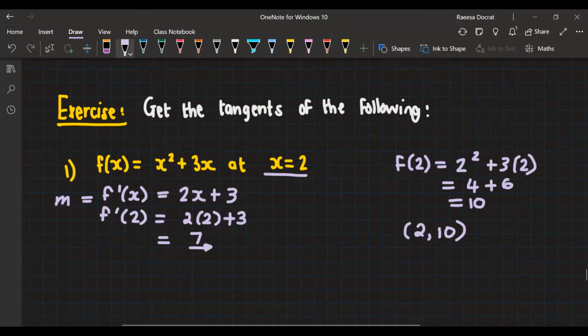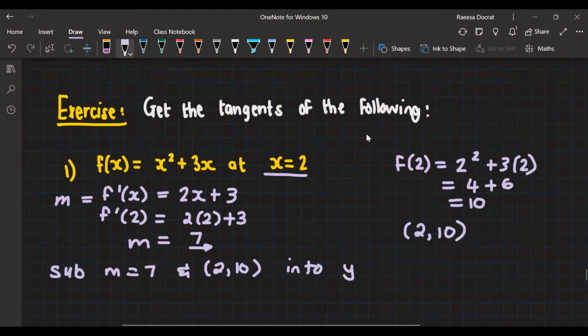Now we want to get a straight line with a gradient of 7 and going through the coordinate (2, 10). So we substitute the gradient equal to 7 and our coordinate into our straight line equation y is equal to mx plus c to solve for the y-intercept.